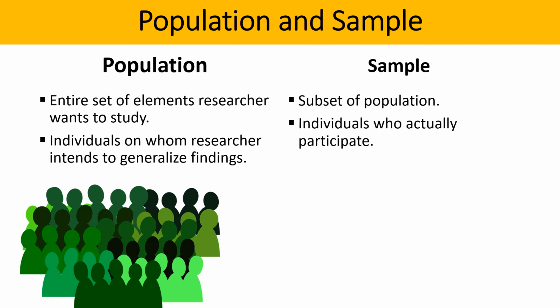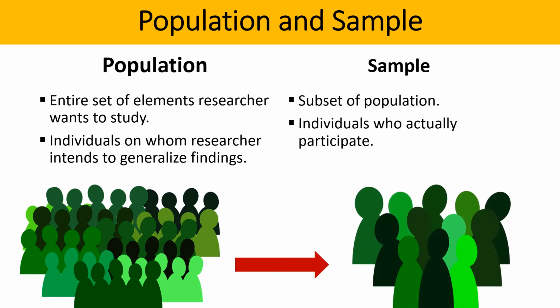As in the example, the researcher selected a few members of the city from whom he collected the data. That is the sample. A sample is part of the population because the researcher cannot collect data from all the elements of the population. That is why he selects a few elements from that population to collect data, which is a true representative of the population.